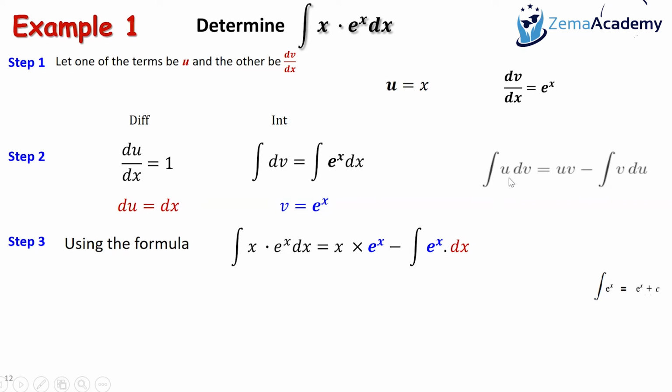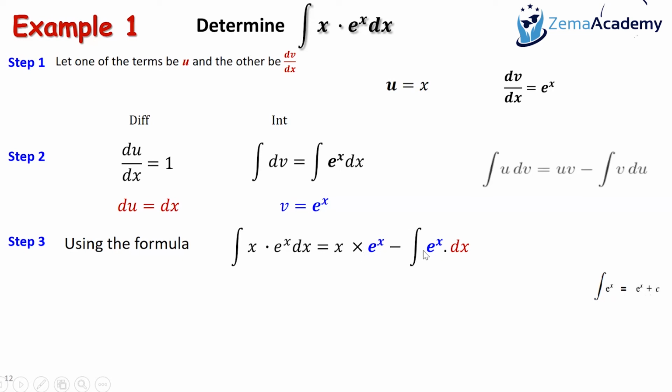According to the formula, now my u dv, u is x and dv is e to the power x dx. That is over here. This is equal to u, so the u value, u equals x. So here it is x. And what is v? Our answer over here is e to the power x, so I am placing v over here.